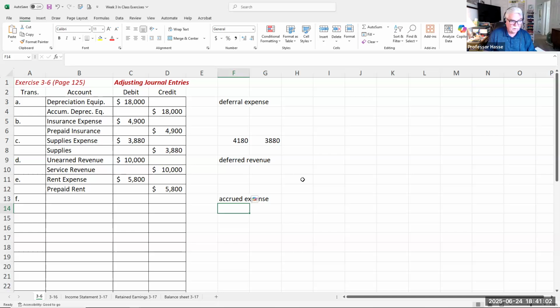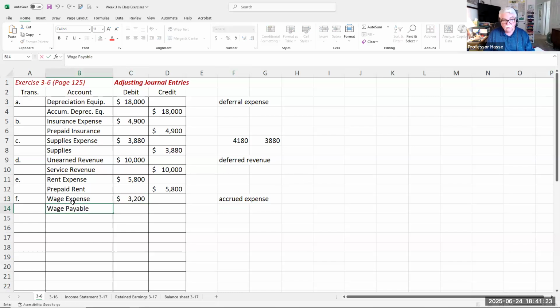Debit wage expense, $3,200, and credit wages payable. We owe the money. It's been incurred, but remains unpaid.